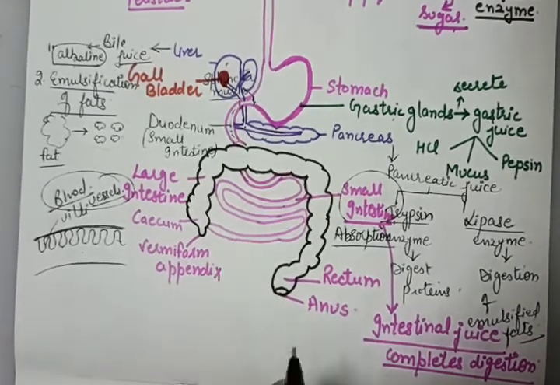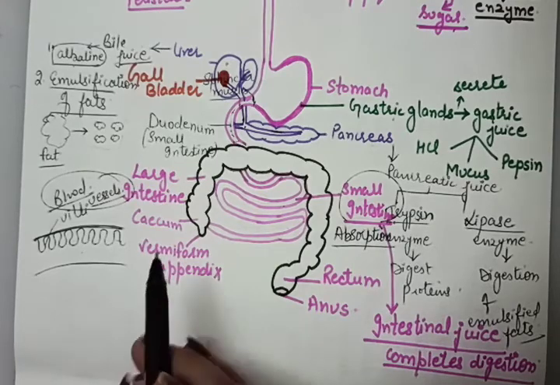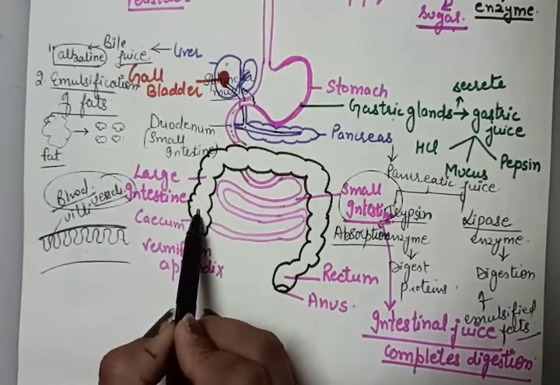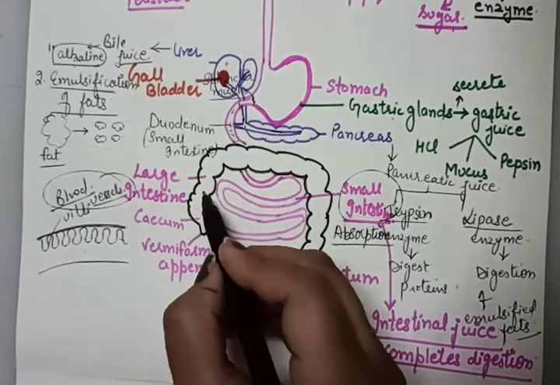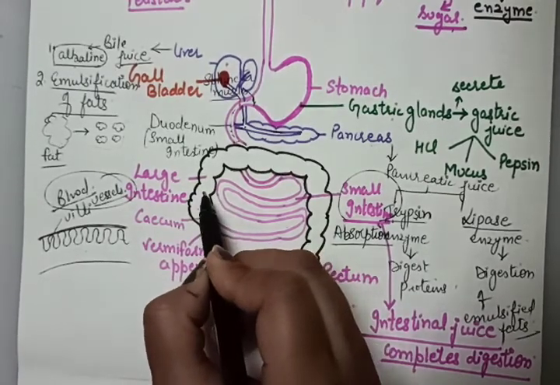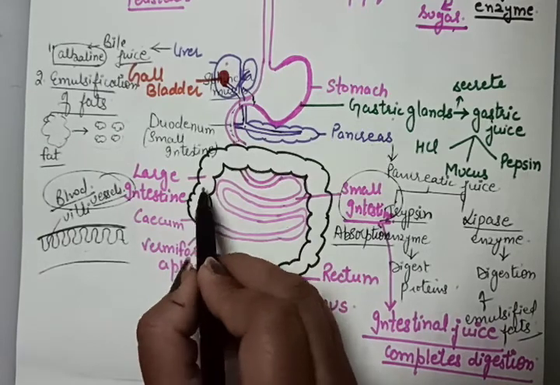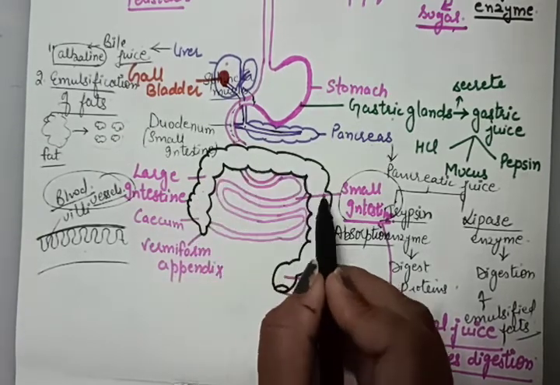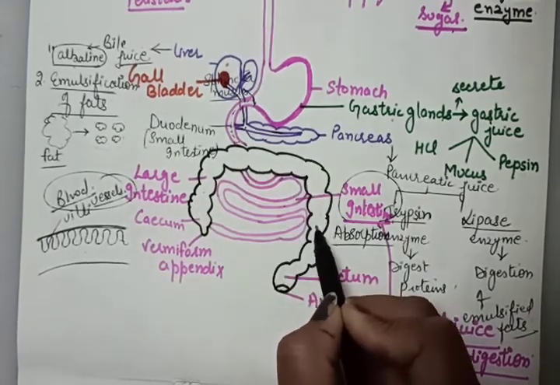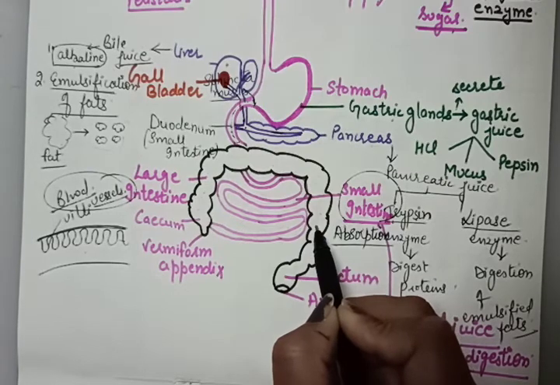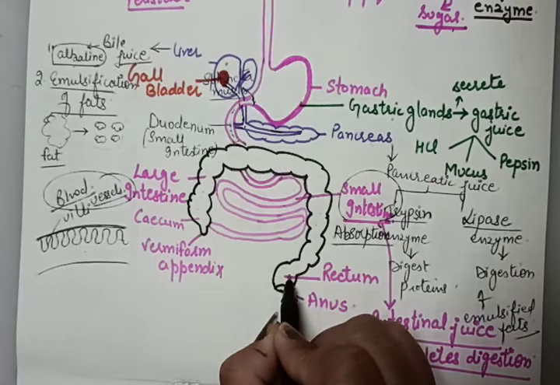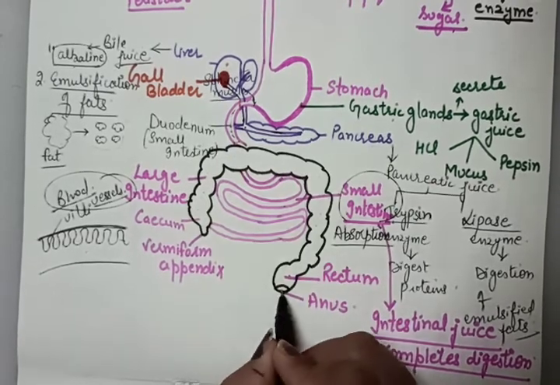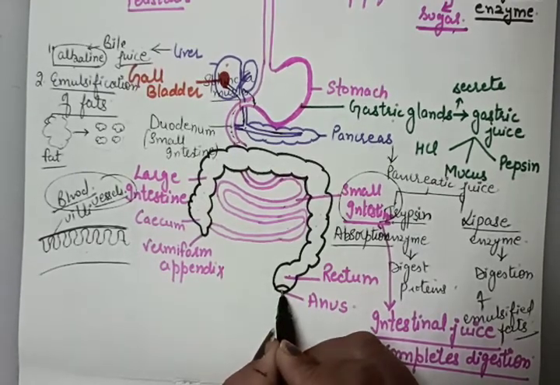Now your undigested food comes into the large intestine. Here in the large intestine, there is absorption of water only. The absorption of water occurs here, and your undigested food becomes solid, and that solid waste gets collected in the rectum and is removed through the anus from the body.